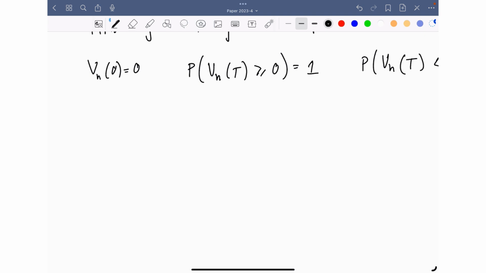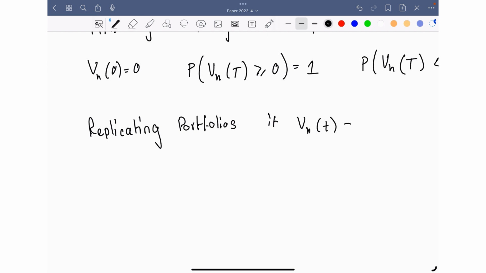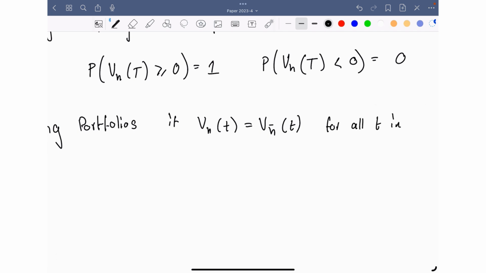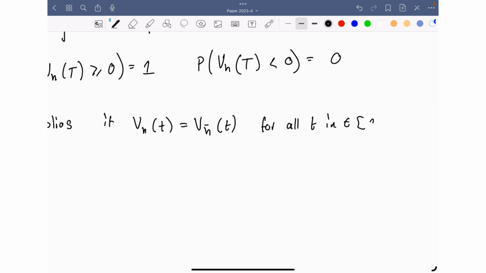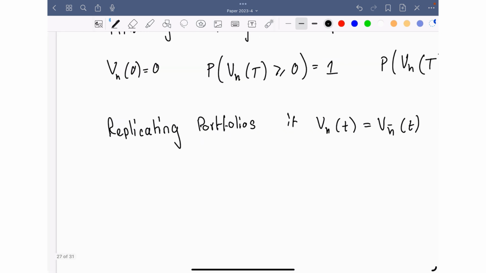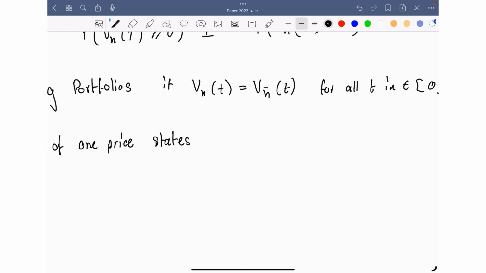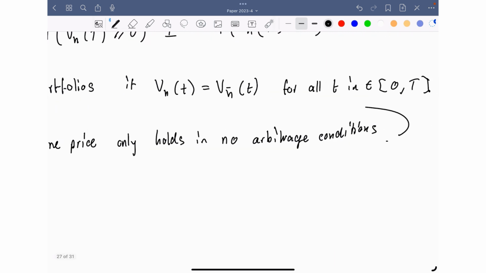So we have replicating portfolios if, let's say, V_H(t) is equal to V_H'(t) for all t in the range of 0 to some capital T, inclusive, and the law of one price only holds in no-arbitrage conditions, where the value of these 2 portfolios is the same.